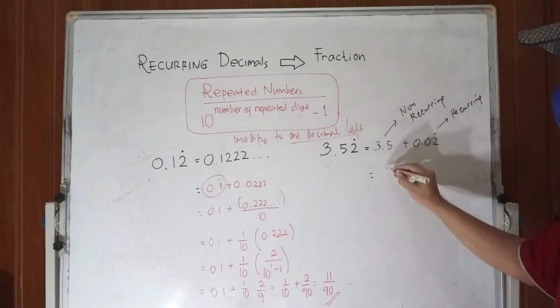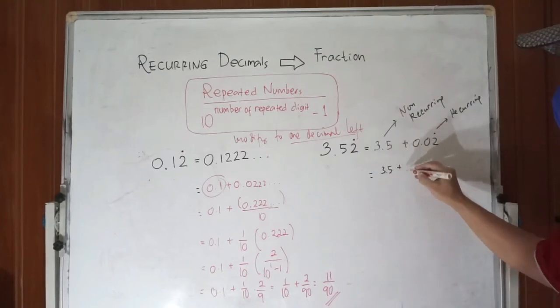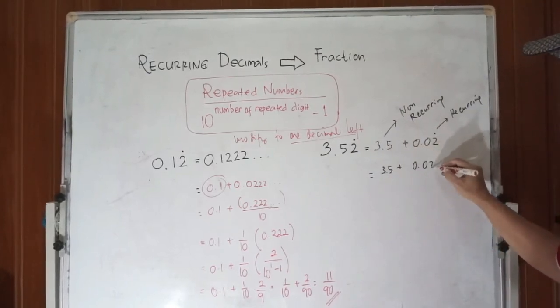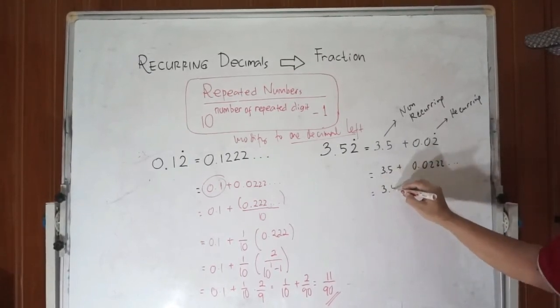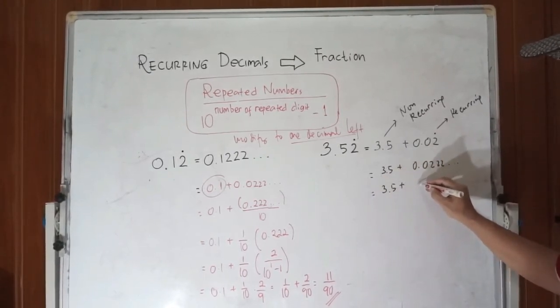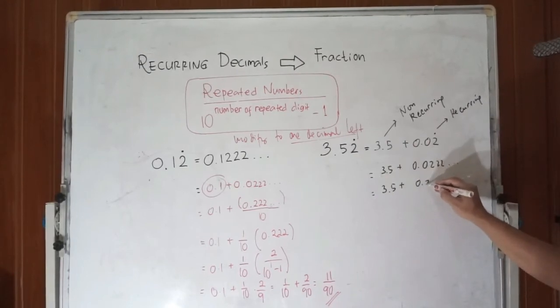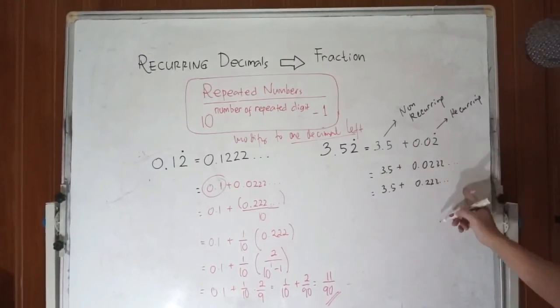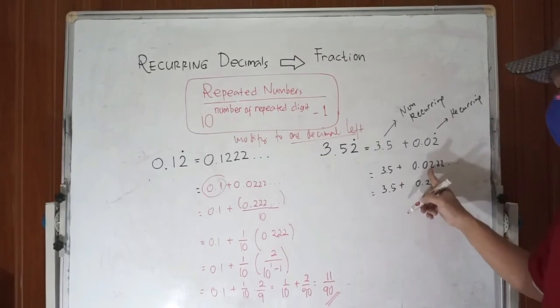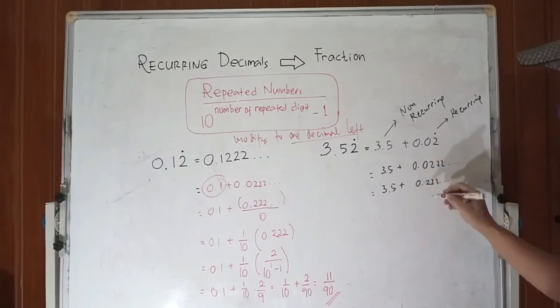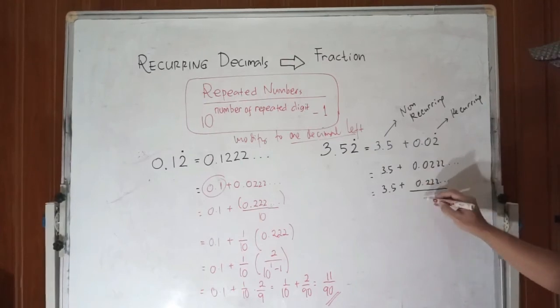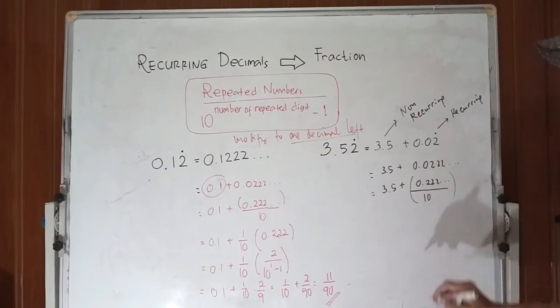Next, this one, 3.5 plus 0.022222, right? And then 3.5 plus 0.222, right? Two decimal left, and then change to one decimal left by dividing by 10. Alright?